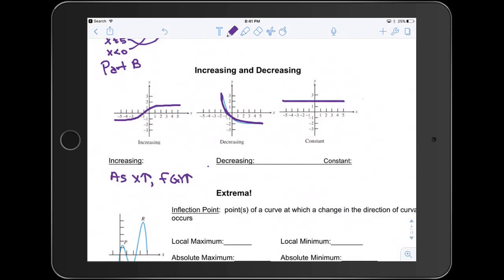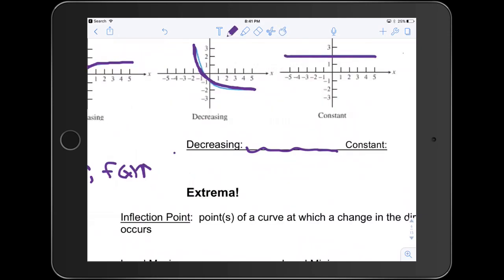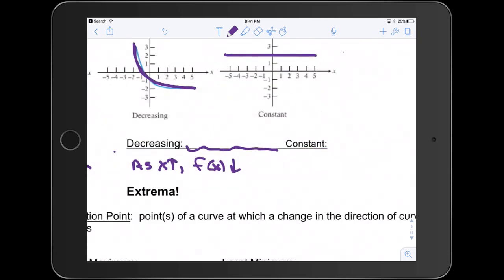Decreasing: as x is increasing, the f of x, or the y, is decreasing. And lastly, as x is increasing, for constant, the f of x has no change.